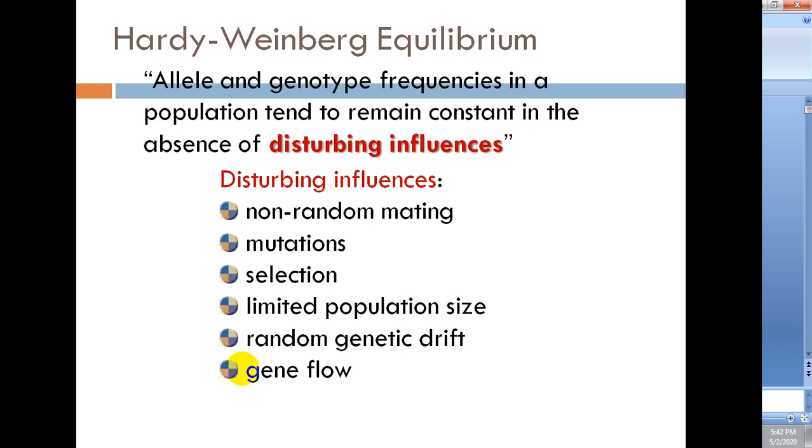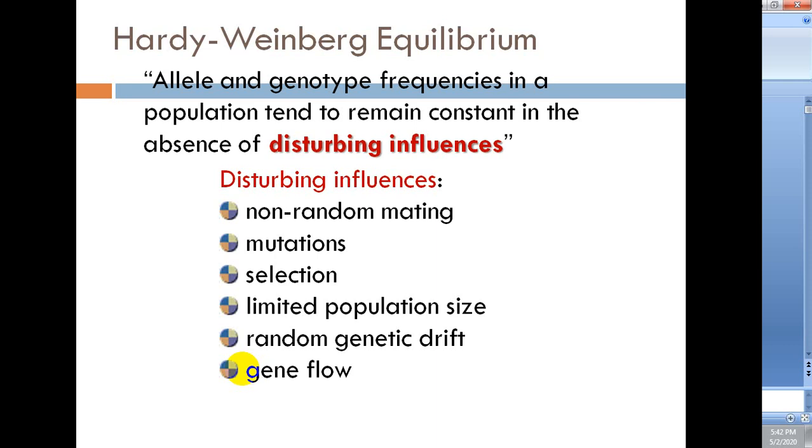Now what is gene flow? That is when new alleles come from another population into a population. So when there is migration, immigration or emigration, that means new individuals come into a population or some individuals go out of the population, in that case also the allelic frequency and genotype frequency change.